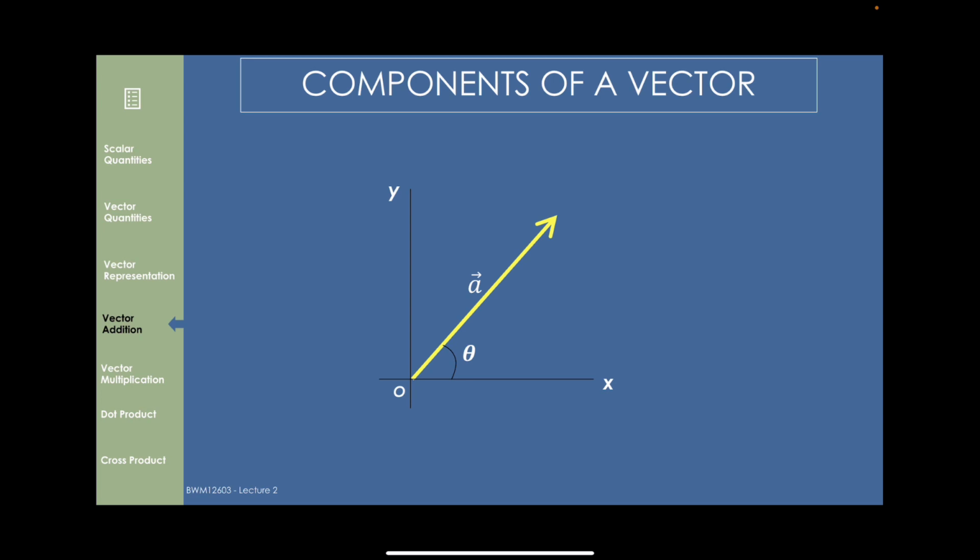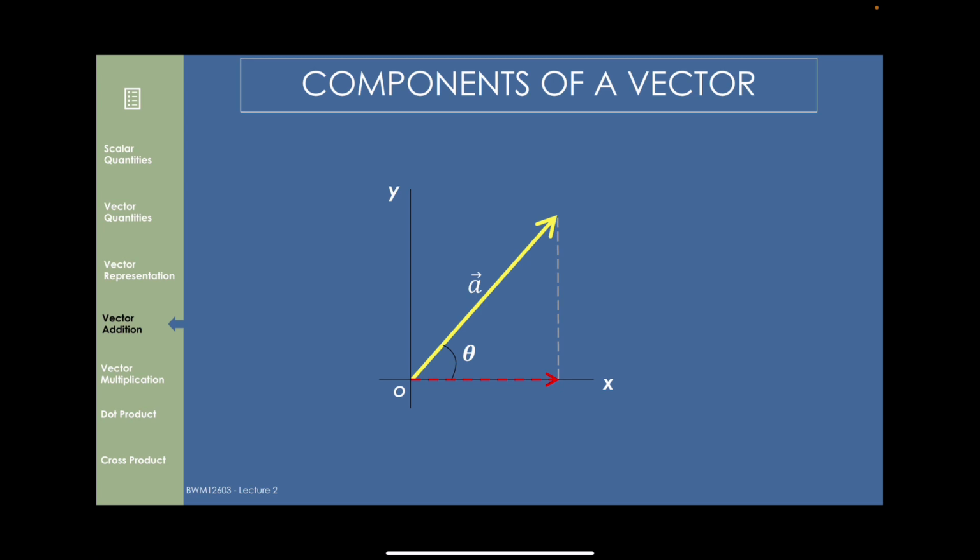In order to find its component along the x-axis, we simply draw a perpendicular from the head of vector A onto the x-axis like this, and the x component will be from the origin until this perpendicular. This red vector is the component of A along the x-axis.